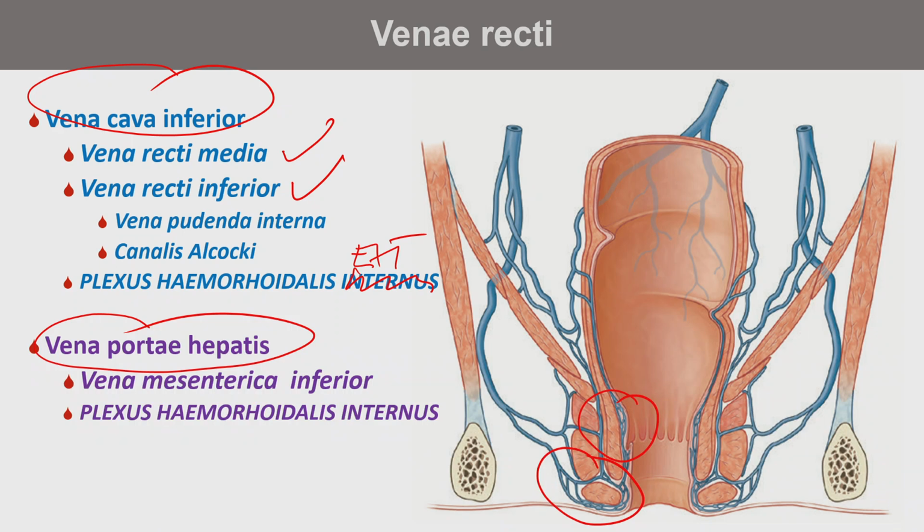These portocaval anastomoses are very frequently seen in patients with cirrhosis or other liver diseases, but you can also see them when there's increased pressure in pelvic veins, which are part of the systemic system.